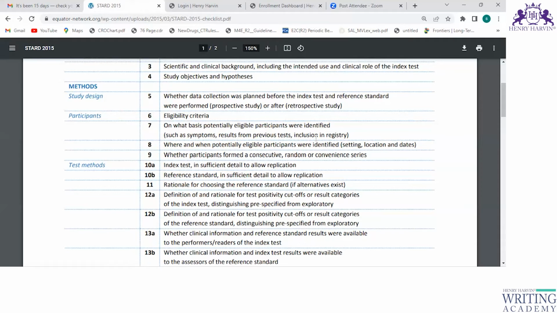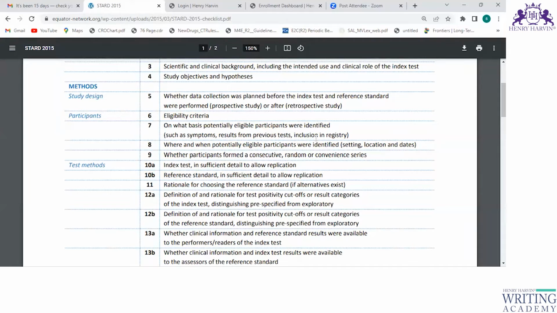In a retrospective study, we recruit participants in whom we know the target condition is present, and to check the accuracy of the index test, we conduct that index test again to find out whether it gives the exact result or not. Whatever type of study design is followed, you have to mention that.